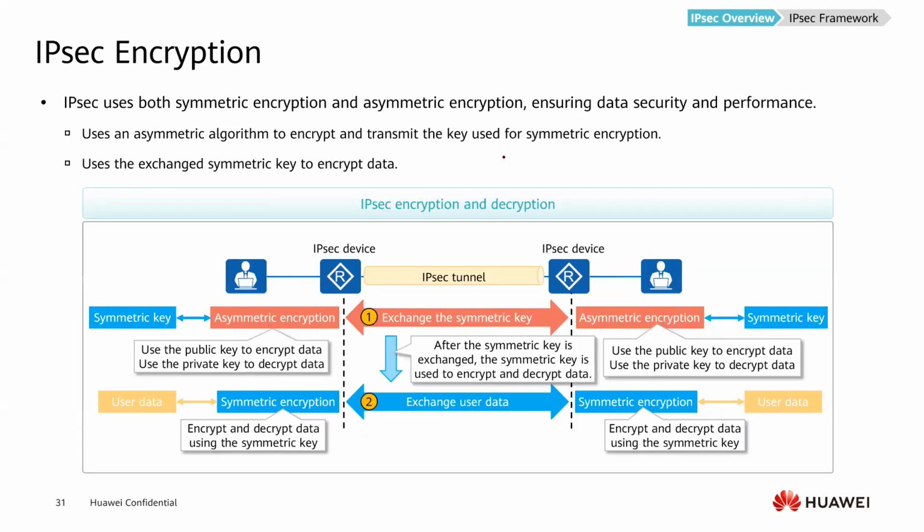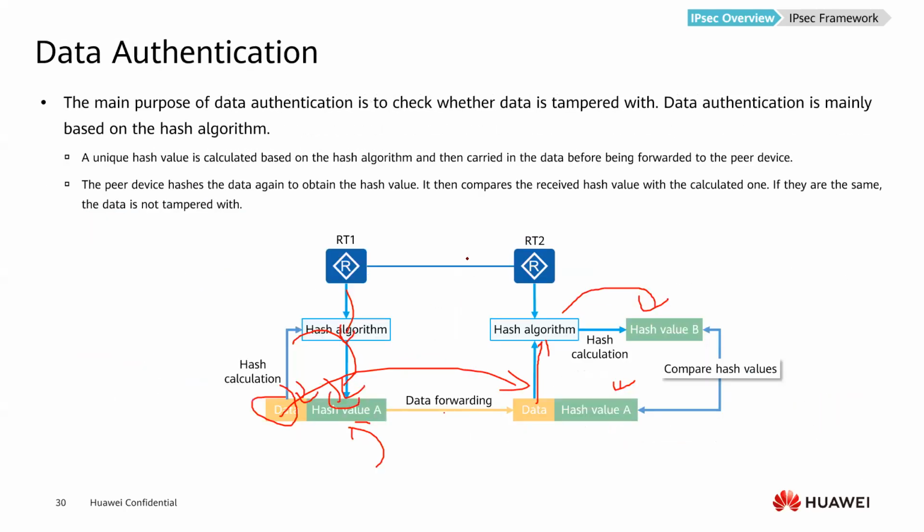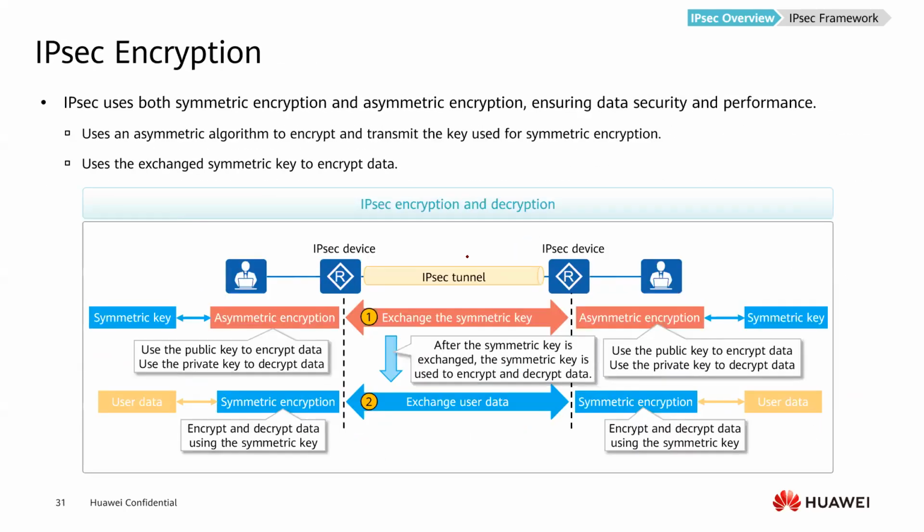So what does IPsec do? For the kind of information we have, what does IPsec do? IPsec must first guarantee security for the packet, and second, IPsec should be efficient because we are in the network. We want the devices to process the packet more efficiently. So IPsec works in this way.